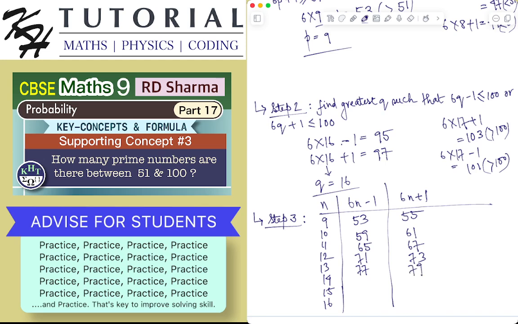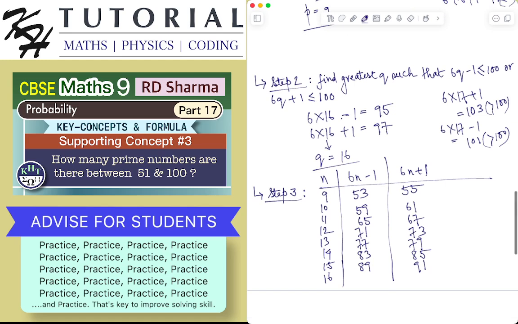For 14 it will be 84, 83 and 85. For 15 it will be 90, 89, 91, and for 16 it will be 96, 95 and 97.